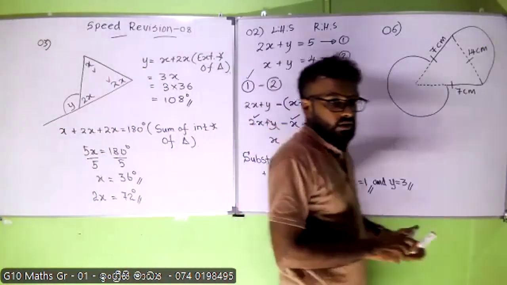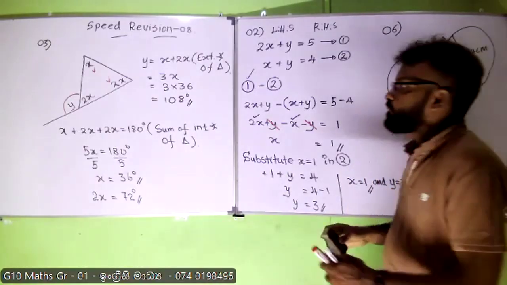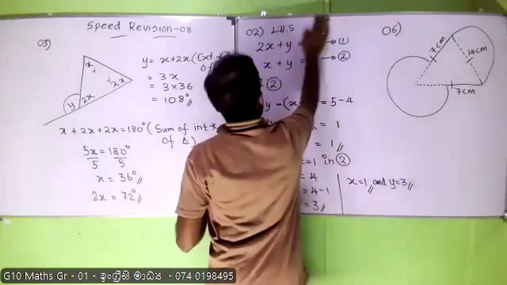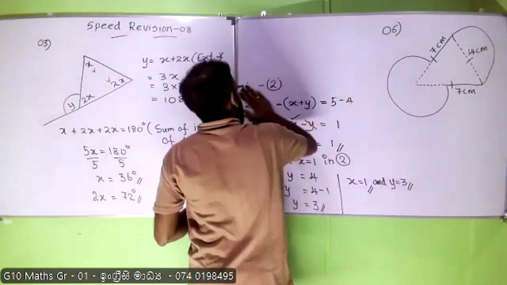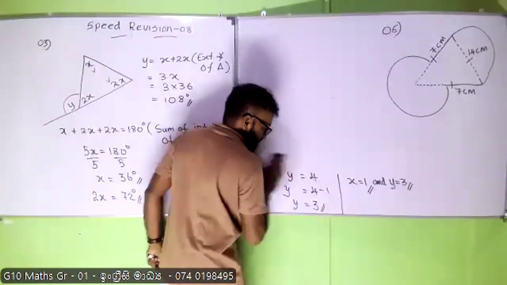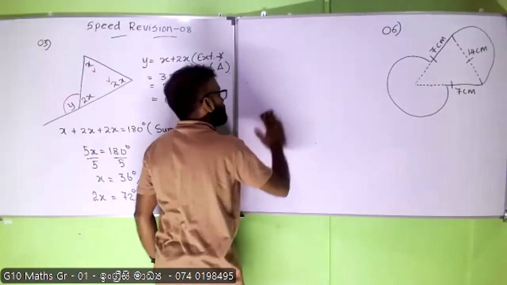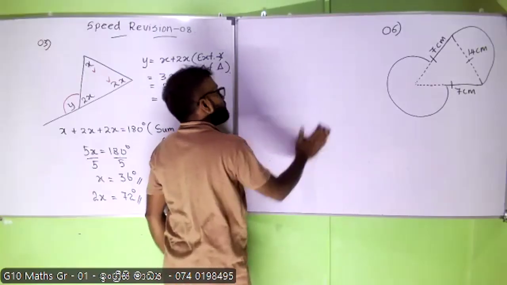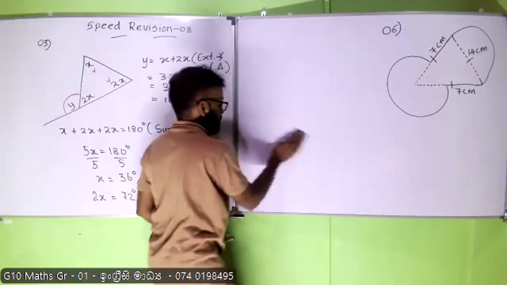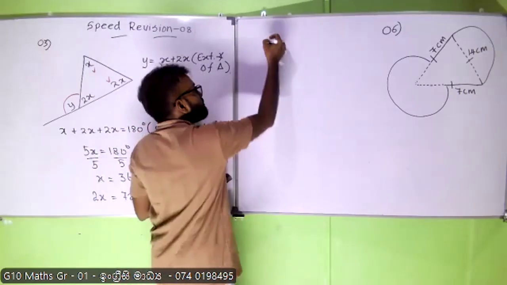Okay, then next one, simplify. Indices. Right, so that is from indices. Okay, so that one is also very easy.